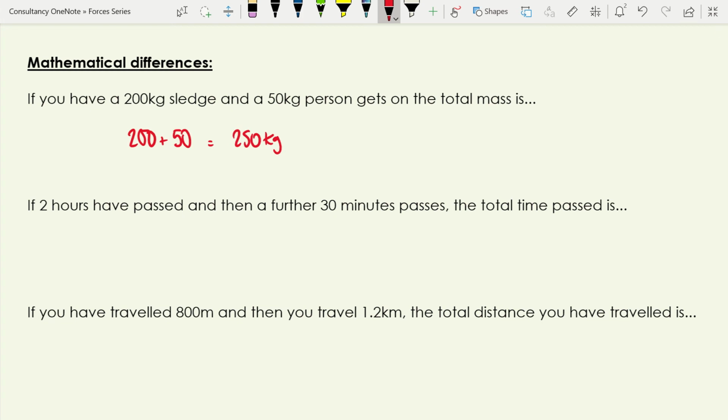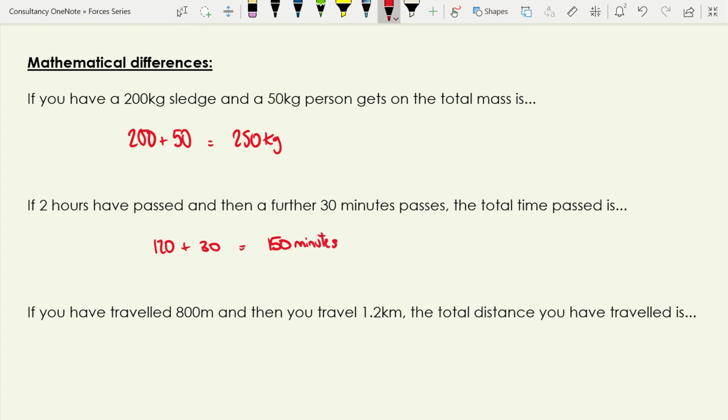Nothing difficult there. And then if 2 hours have passed and then a further 30 minutes passes, the total time that has passed is, well, I'll do this all in minutes, but again, you get the idea that, okay, we had to do some unit conversion, but all we do is we just add those numbers together. There's nothing too complicated there.